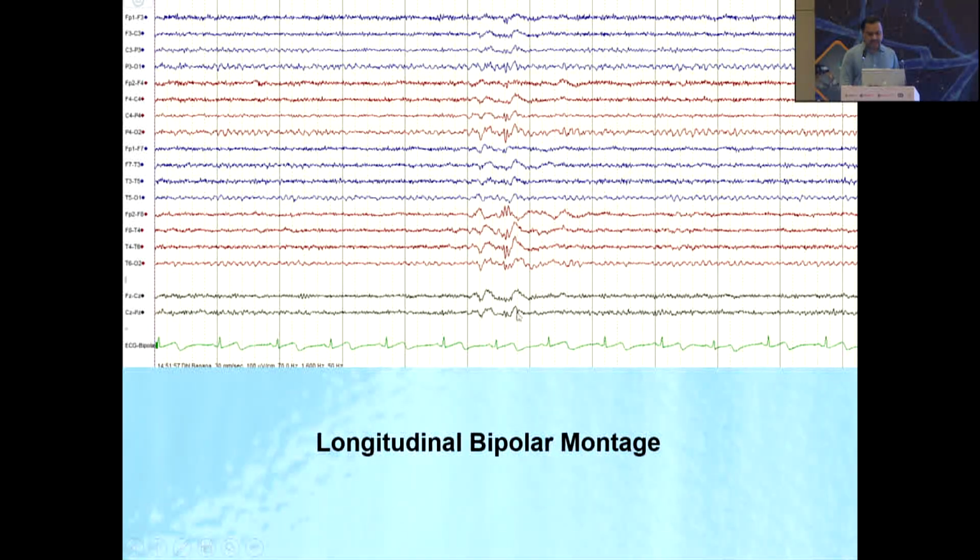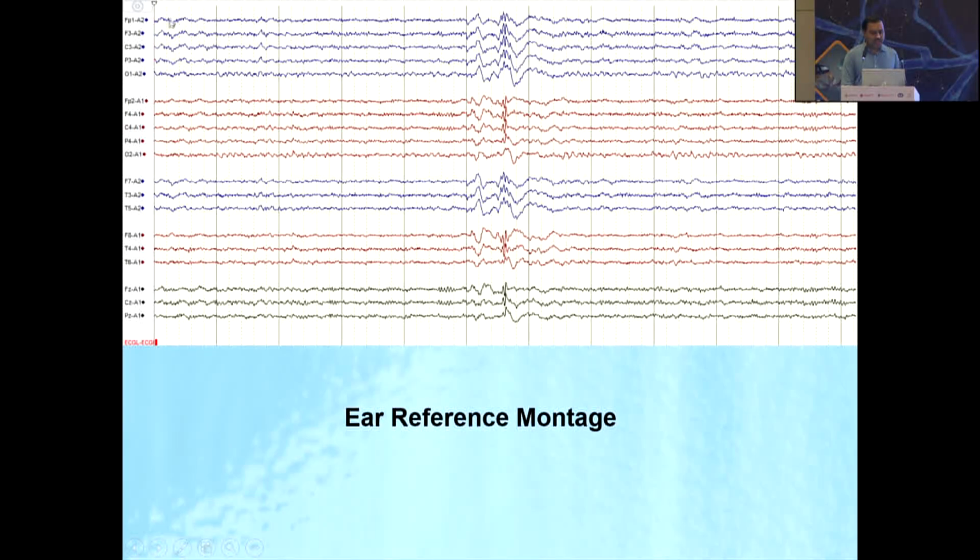Another example: suppose you have a longitudinal bipolar montage here. You can easily see that in the right temporal there are some spike waves or some fast activity. Suppose you now use the A2 electrode as a reference. Because it is near the right temporal, A2 has become active.